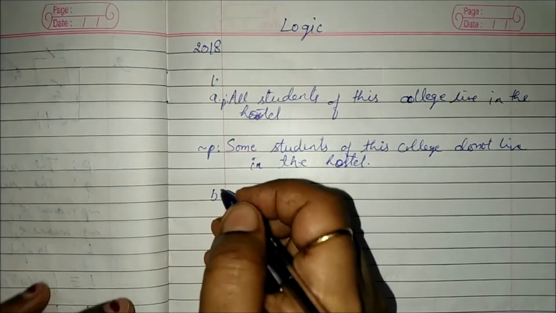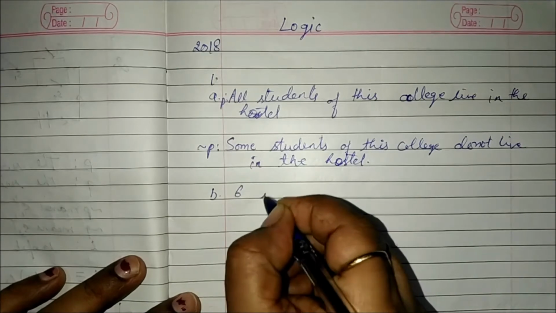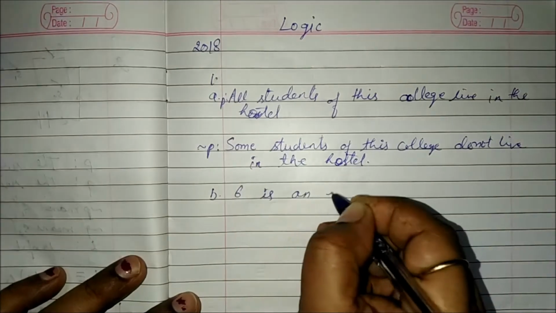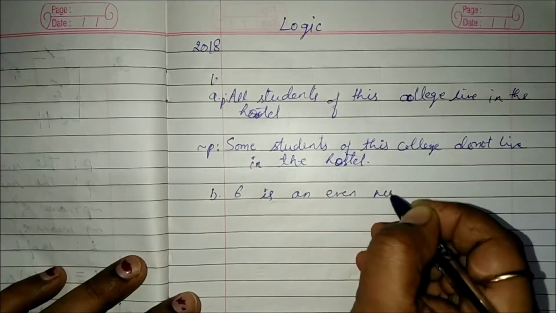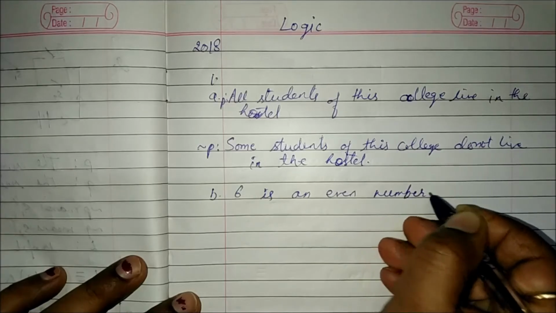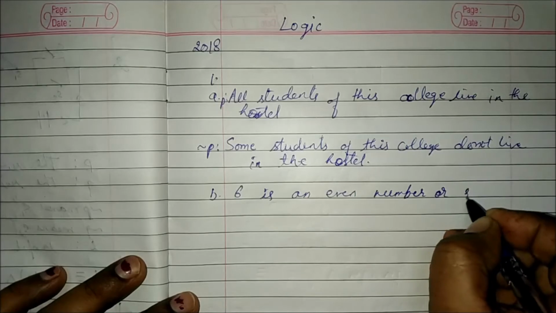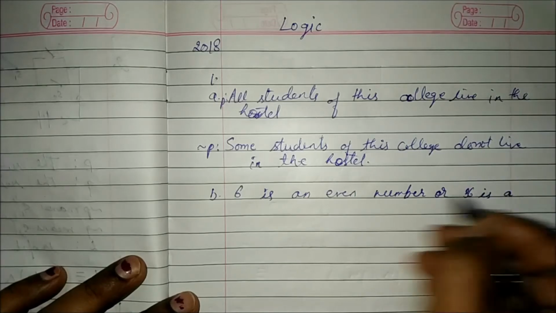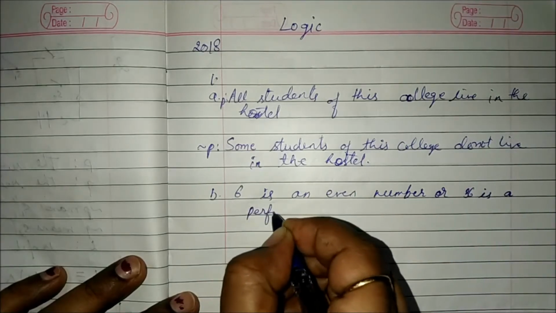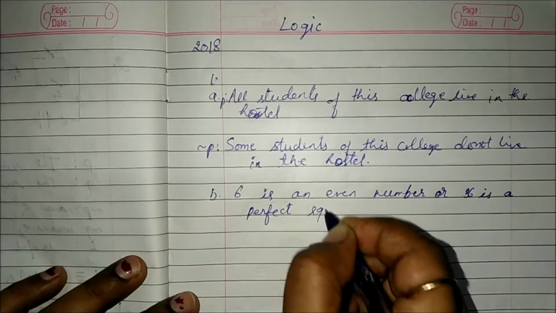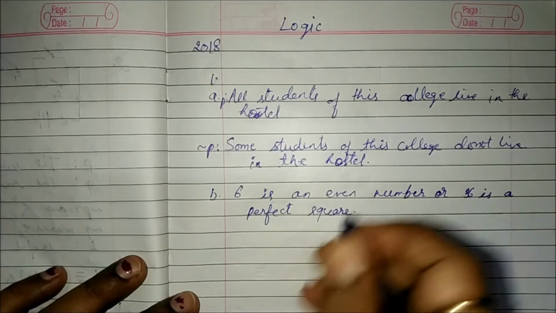For the second part, the statement is 6 is an even number or 36 is a perfect square.